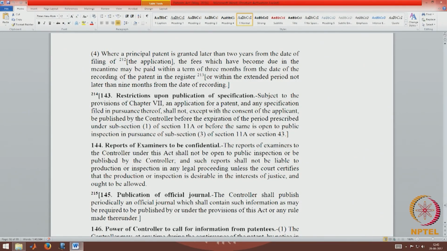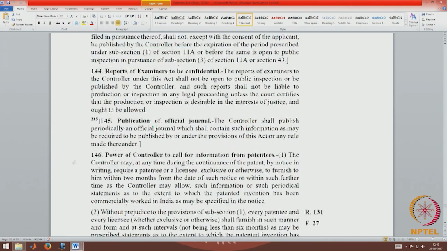This provision states that the application shall not be published by the controller before the expiration of the 18-month period, or before the same is open to the public inspection in respect of the conditions mentioned in 11A(3), which are the 3 conditions where there is a secrecy direction passed, or the patent application, which is a provisional, is abandoned, or it is withdrawn, or the patent itself is granted under 43. So, these are the conditions in which the patent can be published.